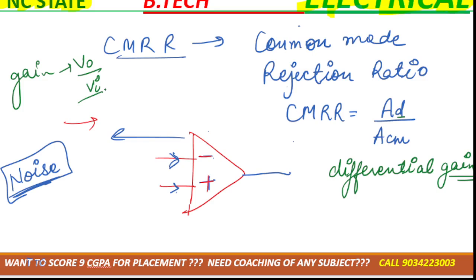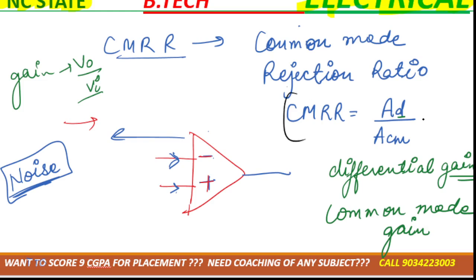So what is ACM? ACM is the common mode gain. A stands for gain and CM stands for common mode. Okay. Now we'll have CMRR.